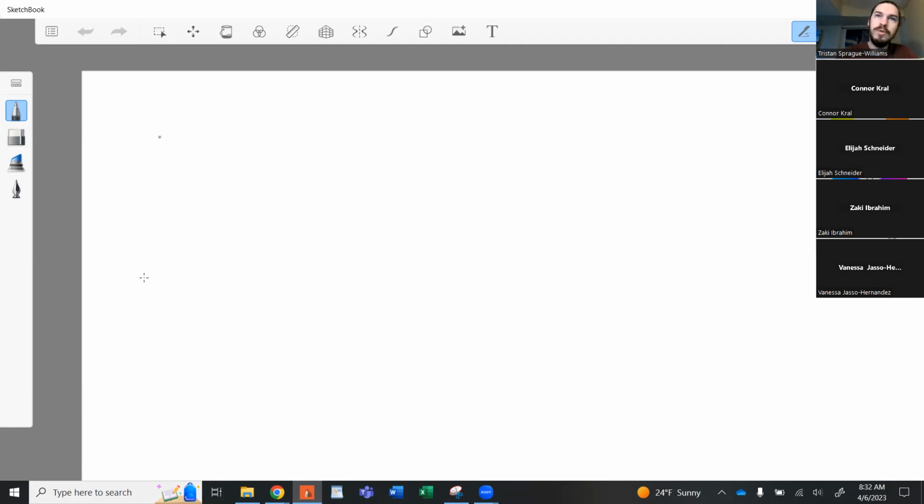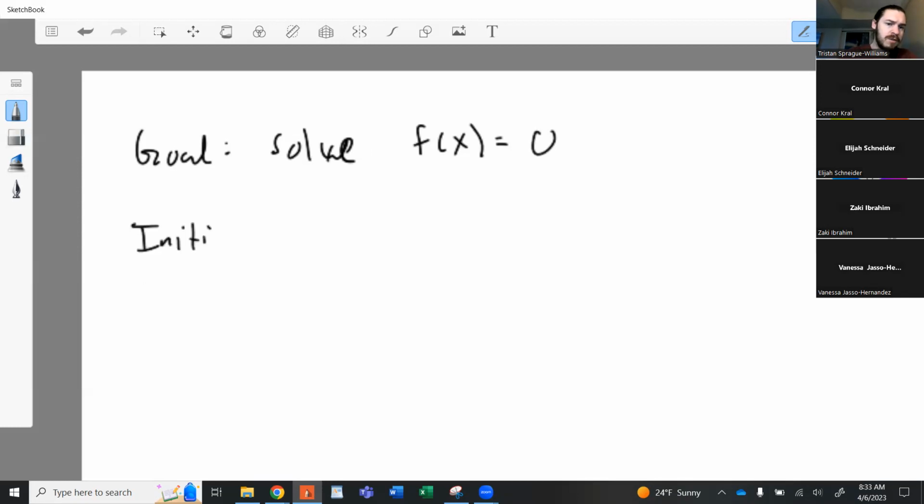But this is one of the most important things you can learn: the idea that you can remove some specific information. Let's say that we have a function, and we just want to solve f of x equals 0. We're not even going to specify what that is. We have our initial guess, which we'll call guess 0 or x0. I was calling it x earlier, so let's go with x0.